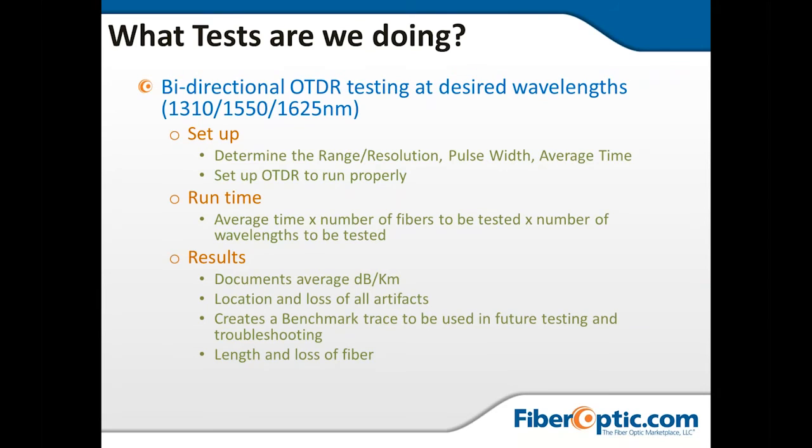Then the runtime is the averaging time times the number of fibers to be tested times the wavelengths. So if I'm shooting 2 wavelengths, maybe 1550 and 1625, I'm going to set it up for a 30-second test.